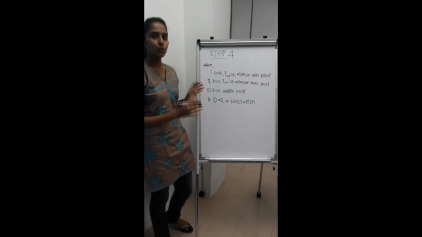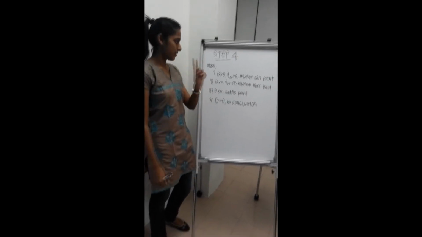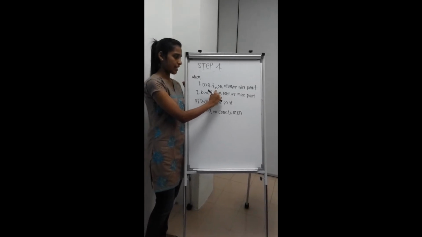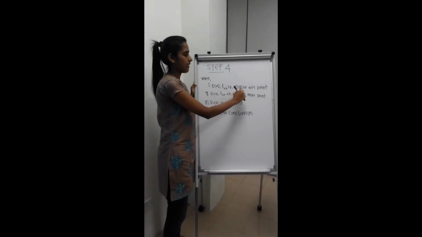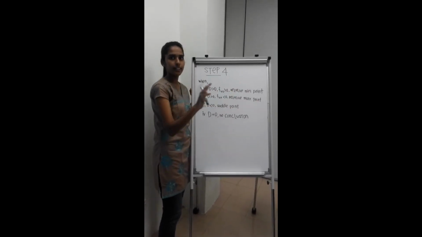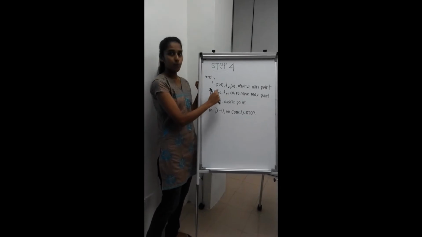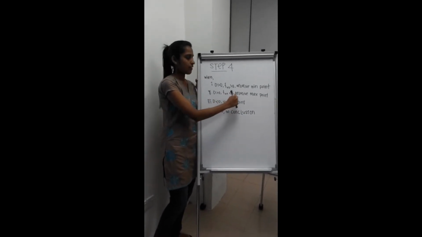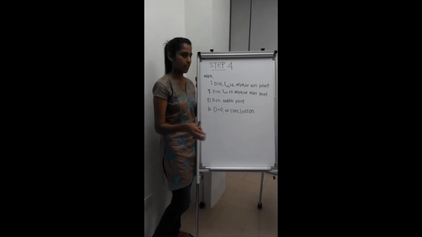Okay, now to determine the nature of the point, there are four conditions. First, when D is more than 0 and fxx is more than 0, the function has a relative minimum point at the given point. Second condition is when D is more than 0 and fxx is less than 0, the function has a relative maximum point at the given point.